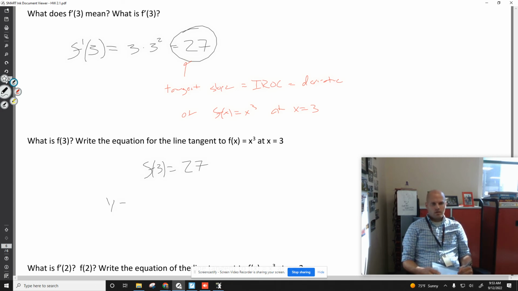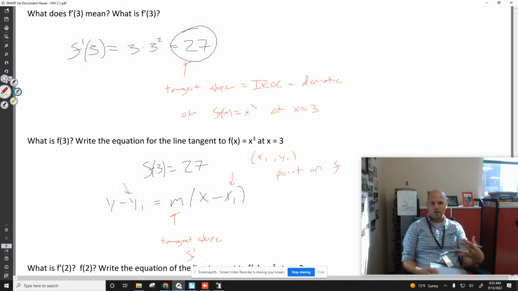But we talk about how if you combine a point and a slope, you have an equation of a line, using this point-slope formula that we used a lot in Algebra 1 and geometry. What's important about this is that this is a tangent slope. The tangent slope comes from f prime. This is the point on f, a point on your original function.